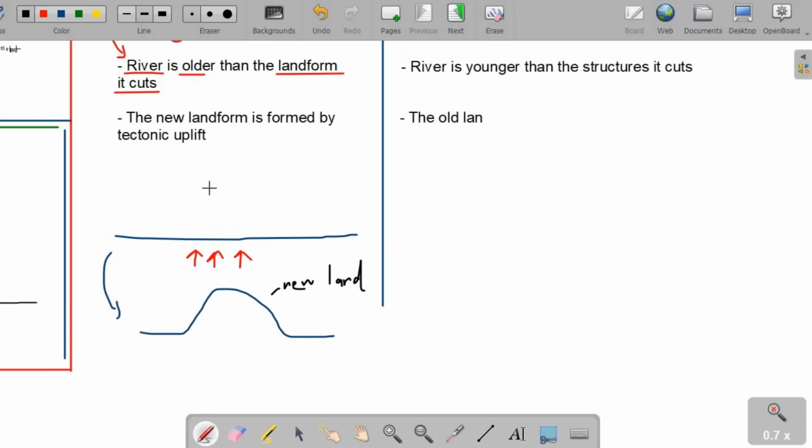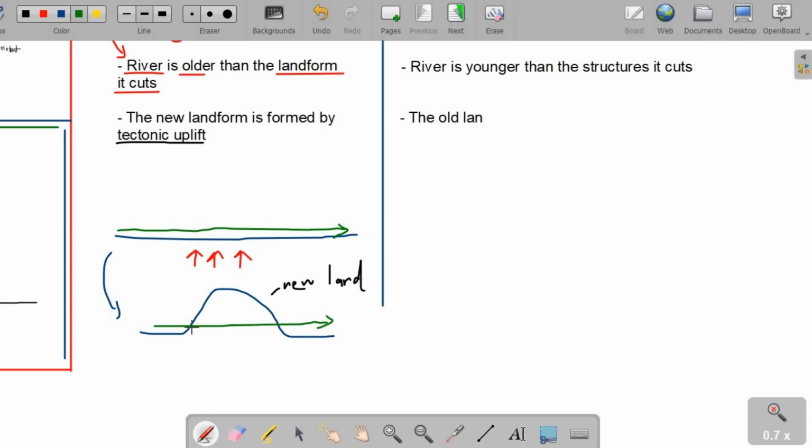So new land, we categorize that as land that was brought up due to tectonic uplift. If you had a river there before this tectonic upliftment occurs, so let's say you had a river running on top of that land, you still have a river running on top of that land.